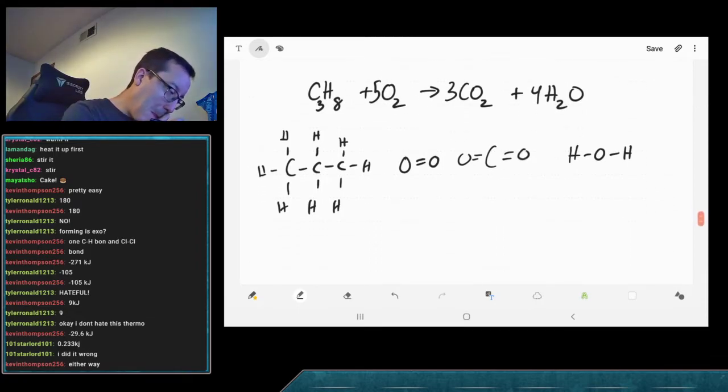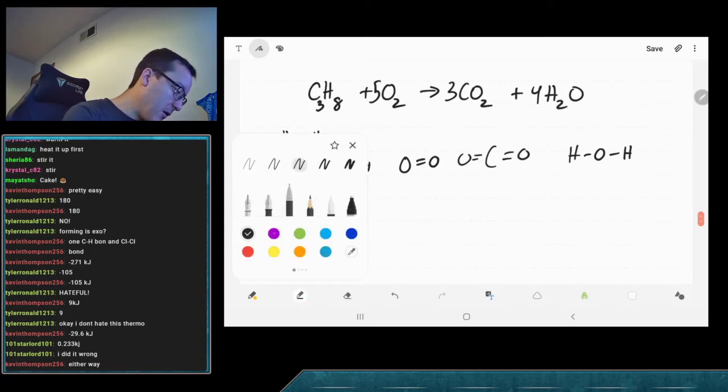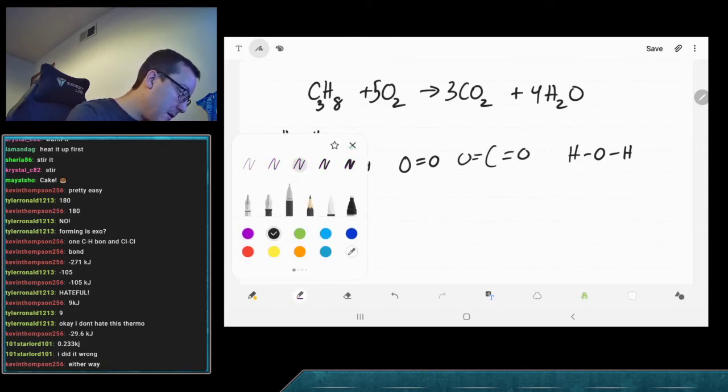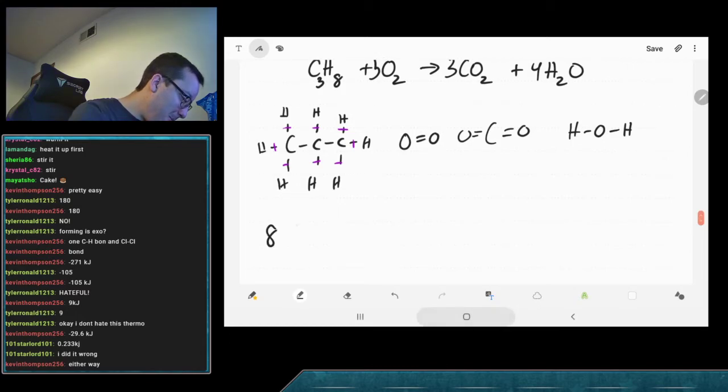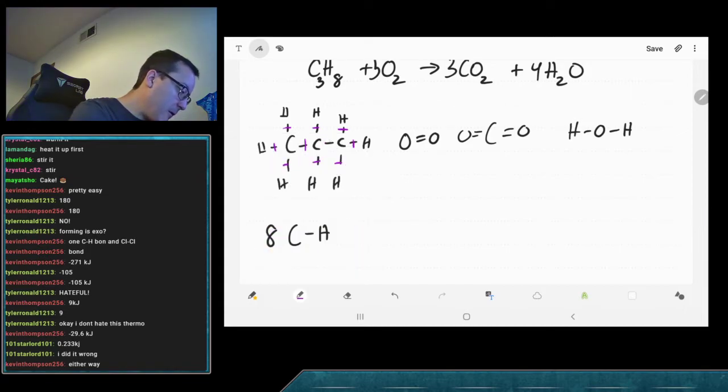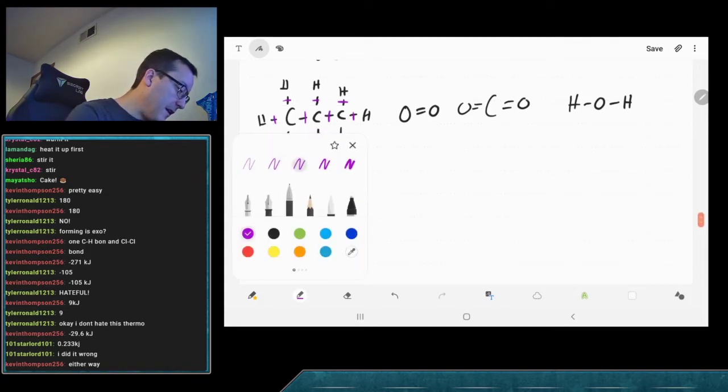So, if we look at this, we are going to break 1, 2, 3, 4, 5, 6, 7, 8 CH bonds. We are also breaking 2 CC bonds.